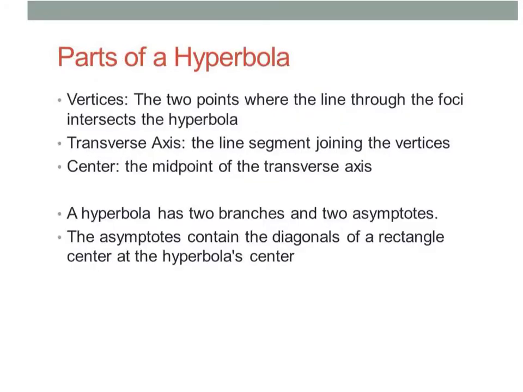So we have some parts to a hyperbola, and first we still have vertices. So I already drew in what it looked like, so let's start with that again. We're going to have two branches, and they're either going to go left, right, or up, down. So we'll just start with the left, right. So there's my two branches.